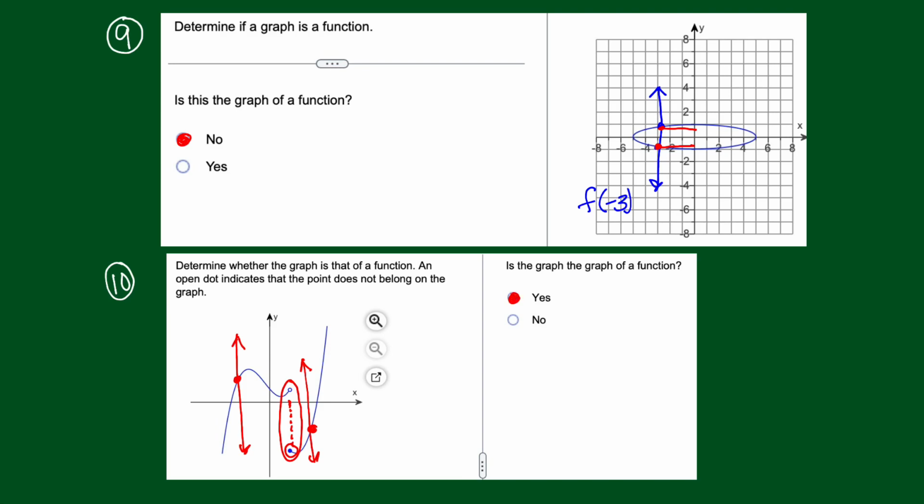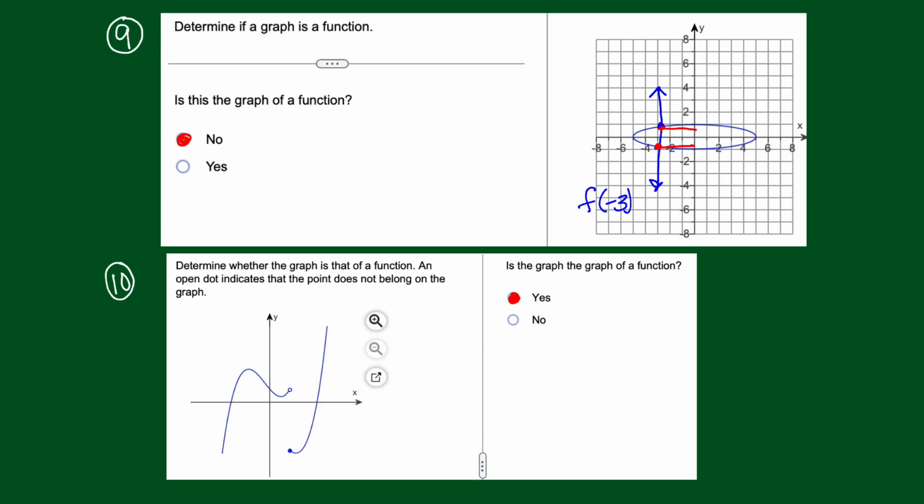And another way to tell when you look at these curves is this. Let me get rid of some of that stuff here. When you look at a curve, if you trace it from left to right, if it always goes up or down, it's going to be a function. If it comes back on itself, this is when you have to be concerned.